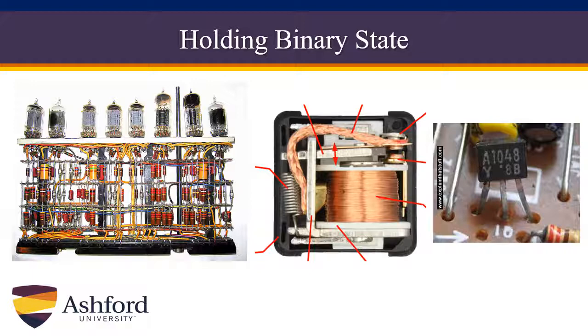It wasn't until the invention of the transistor, which you'll see in the far right image, that we finally had something reliable enough to create the kind of computers we know and love today. The transistor is what's called a solid state electronic component, and it's called a solid state component because there are no mechanical or moving parts in it.